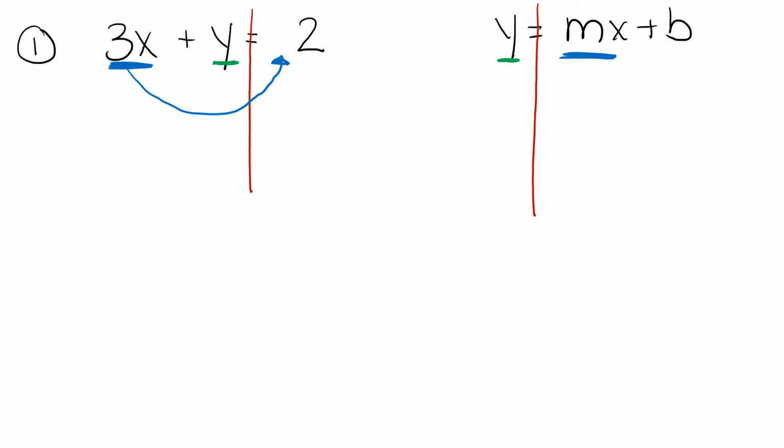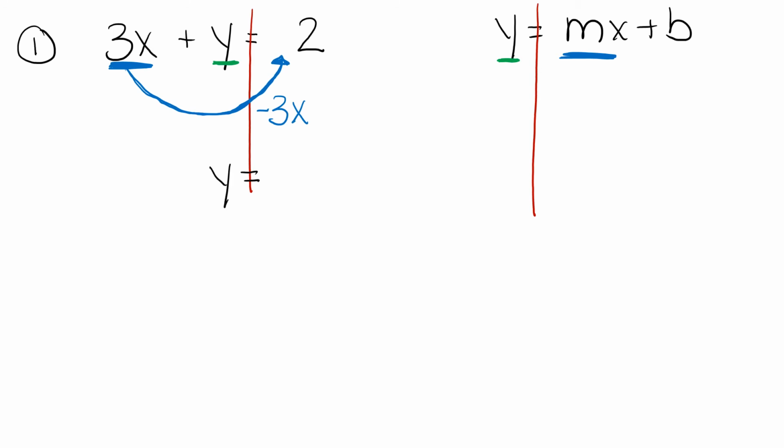Now, when you move something and you see how this blue line I've drawn to show where we're putting it has crossed the red line I drew through the equal sign, that means that we have to change the problem. Instead of a 3x, we do the opposite. It's a minus 3x.